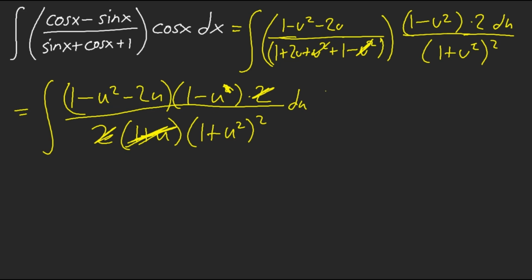Okay. What now? What do we do now? So if we express this, which I honestly don't want to, but we're gonna have to anyways. So 1 minus u times 1 minus u squared minus 2u.